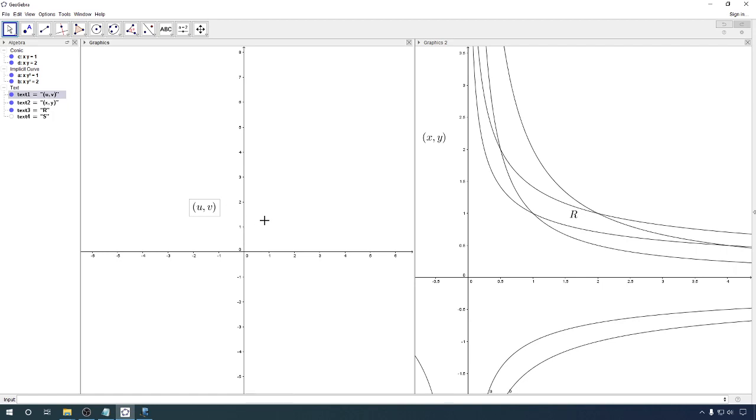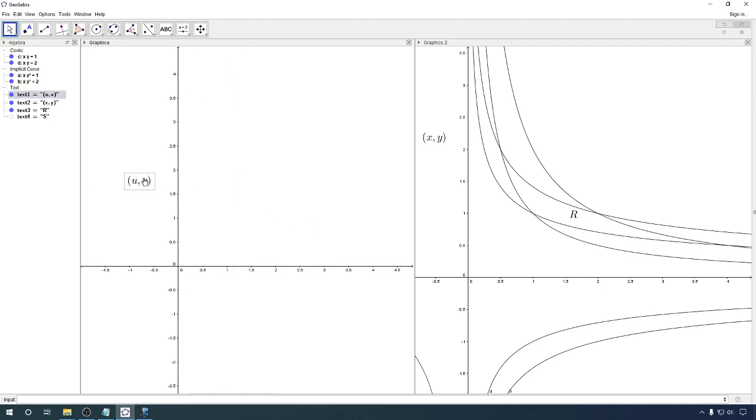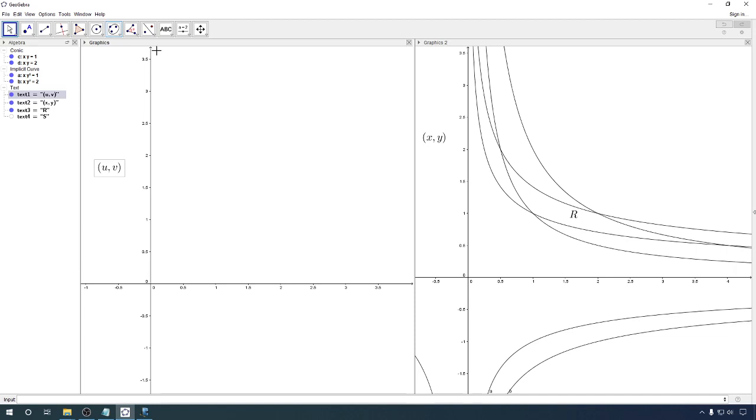In fact, we can zoom in here because it's going to be a lot smaller than what I originally had. If we plot the points 1,1, 1,2, 2,1, and 2,2, and then connect these, then we just have our S as that square.